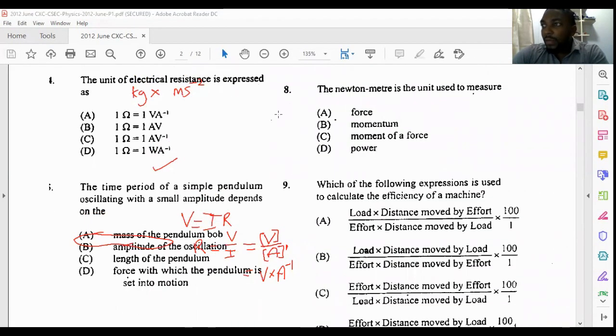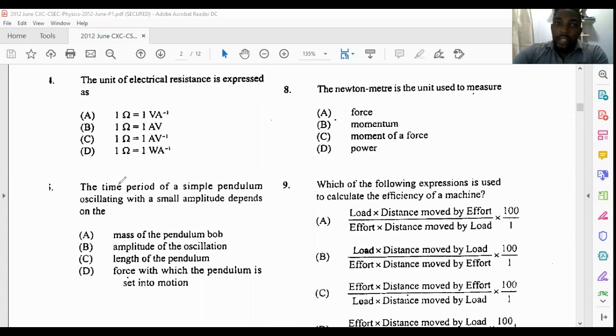All right, number 5. It says the time period of a simple pendulum oscillating with a small amplitude depends on what? With this type of question, when you're talking about a period and a pendulum, the main thing that influences the period is the length of the pendulum, right?